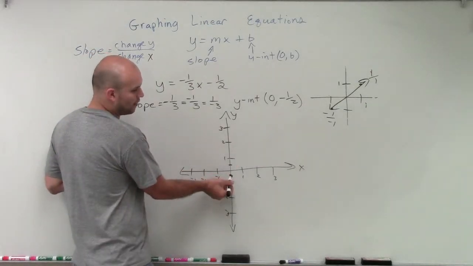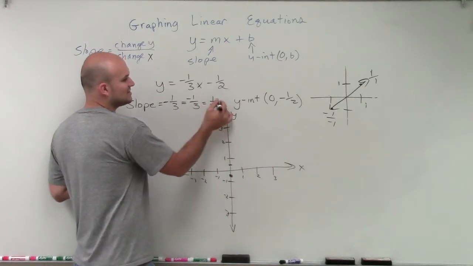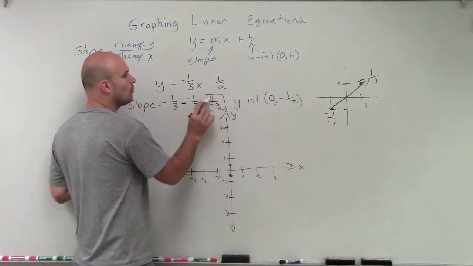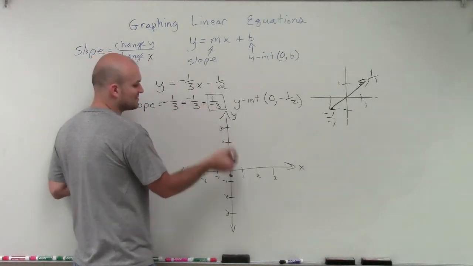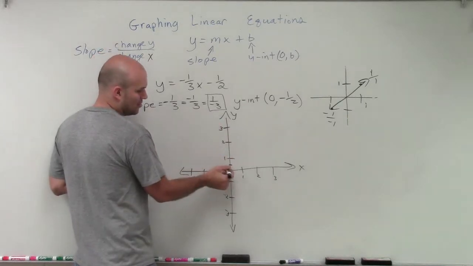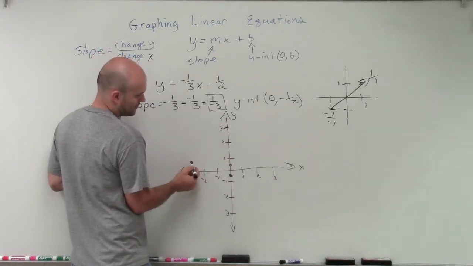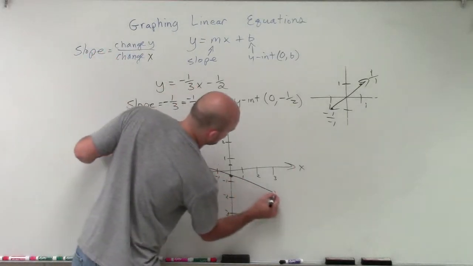Let's just think about it. If I go up a whole unit, that's going to be 1/2 in the positive direction. So if I use this slope with positive 1, my change in y is positive 1, so I go up 1, and then my change in x is negative 3: 1, 2, 3. Then all I need to do is connect these 2 points.